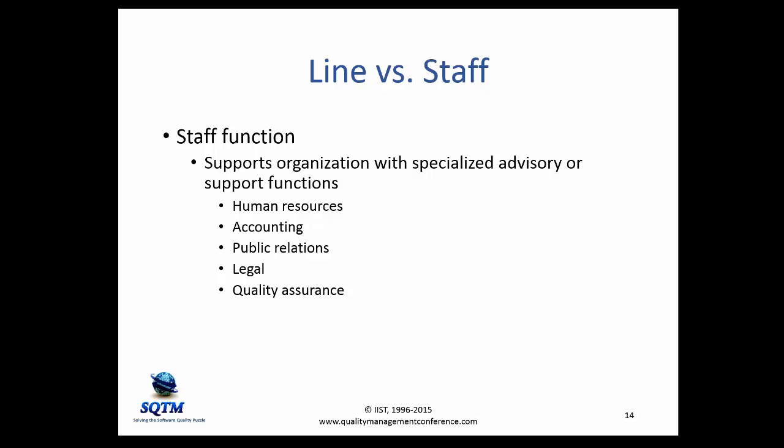I've heard the argument made that yes, it's a line function because it supports the core function of the organization and it advances it. But then I get the argument that no, wait a minute, it's a support function because everything it puts out supports the organization.